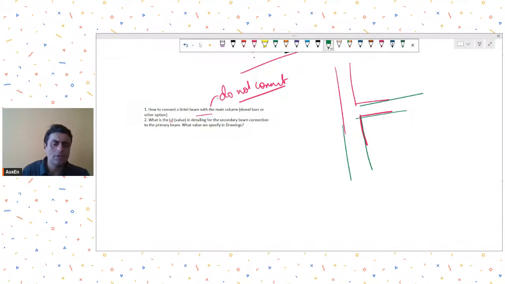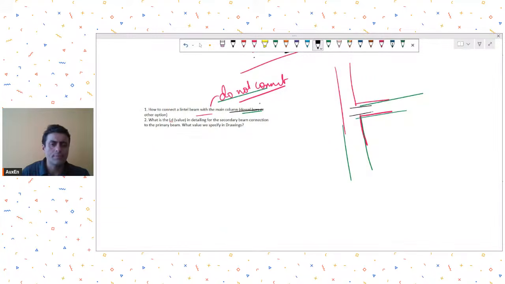So I will suggest you not to connect your lintel beam reinforcement with the main column. Don't do that. And even if you want to, just provide some minimum reinforcement. Don't take it to development length. No need to develop your reinforcements. So do not connect the lintel beams with columns.